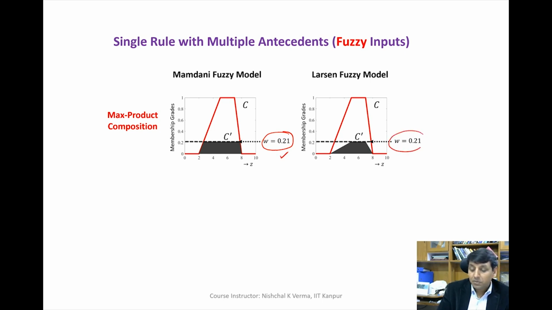With the same rule strength, when we truncate the output fuzzy set, we get this as the output, whereas in the Larsen fuzzy model we scale down the height of the fuzzy set. So we see the difference in the output for the same fuzzy input.